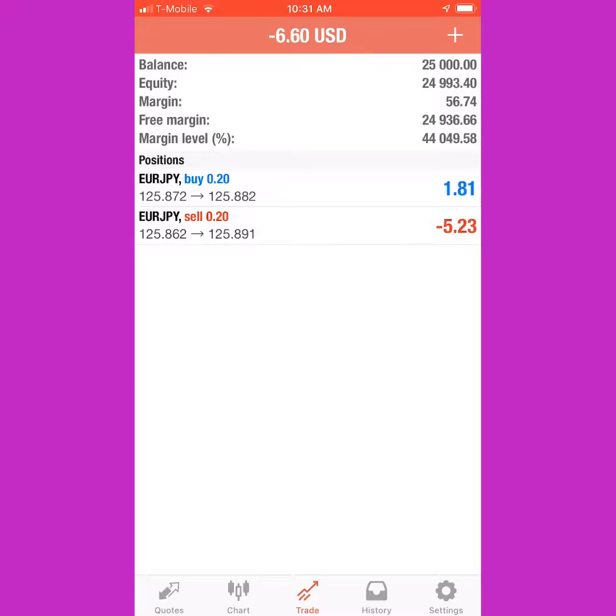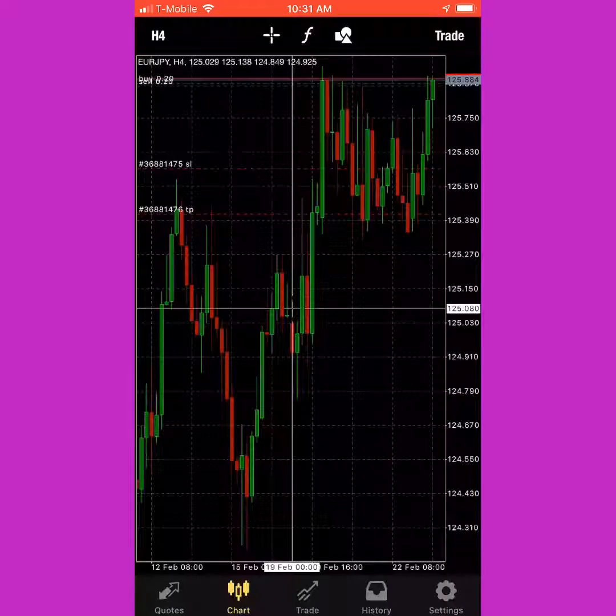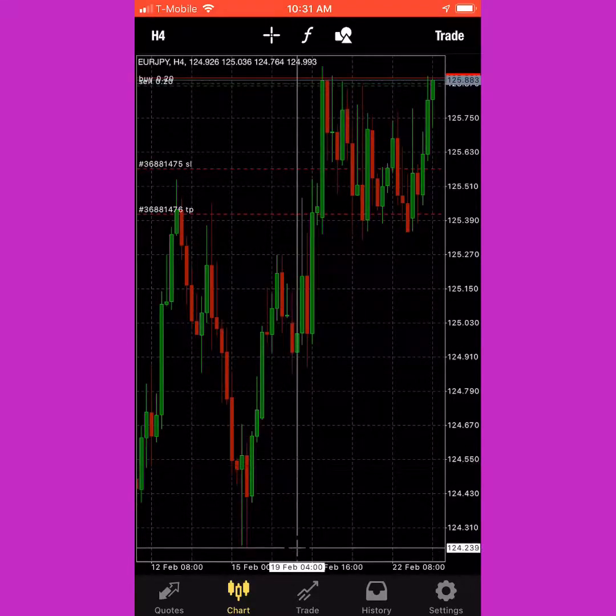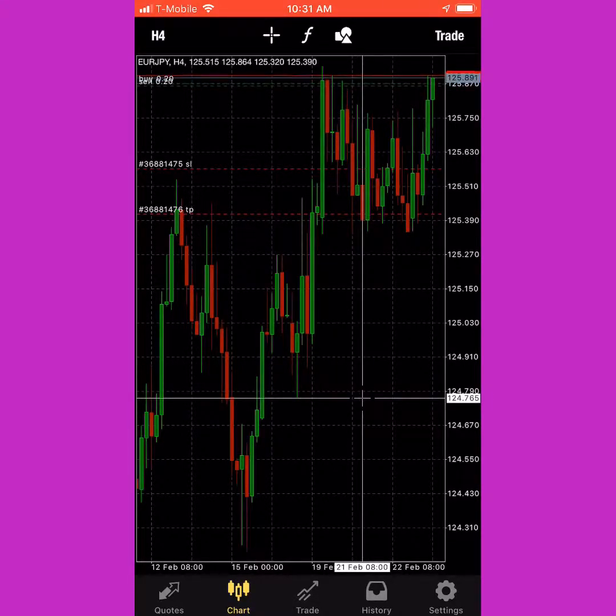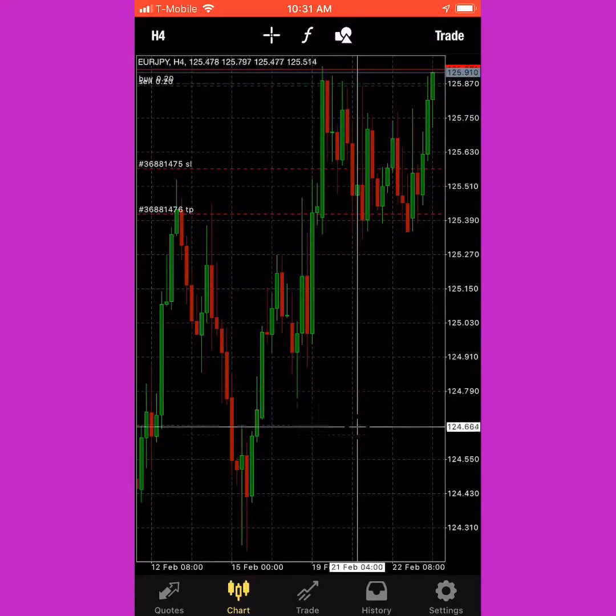So what you want to do is to trade at the price where you have a higher probability of success. And what better price can that be than trading at the previous resistance or support levels, either here or here. Even here is a little bit dicey, but I can try that.